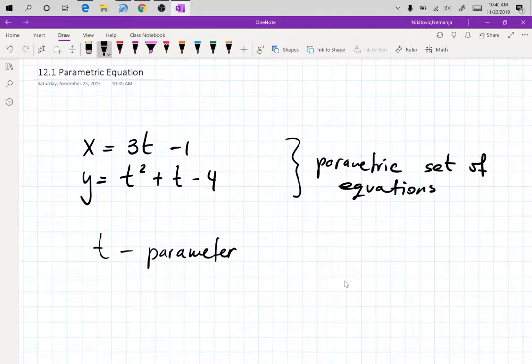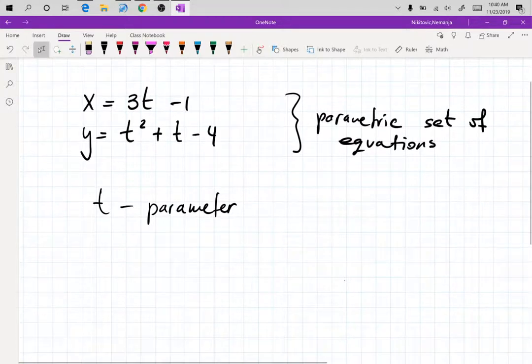So you are talking about how x progresses in time and how y progresses in time independently from each other, but they are actually connected through that time. So what I can do is I can actually work this out by plugging in one equation into another and coming up with an xy equation, eliminating t.